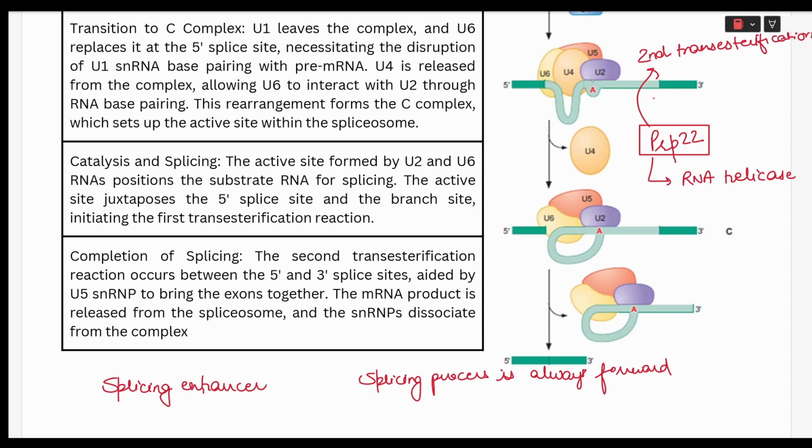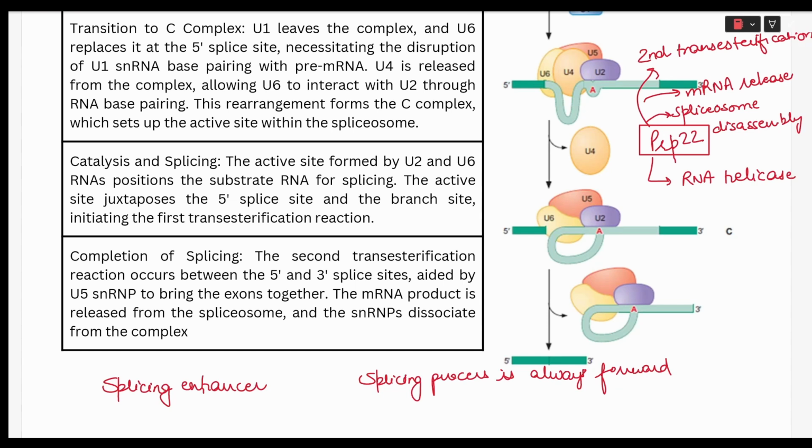With that, it is also involved in the mRNA release. As soon as the exons are joined together, it ensures that they are gone. And it also ensures that the spliceosome disassembles. So spliceosome disassembly, basically. This is quite important, your PRP22. This is basically a DEAD-box helicase.